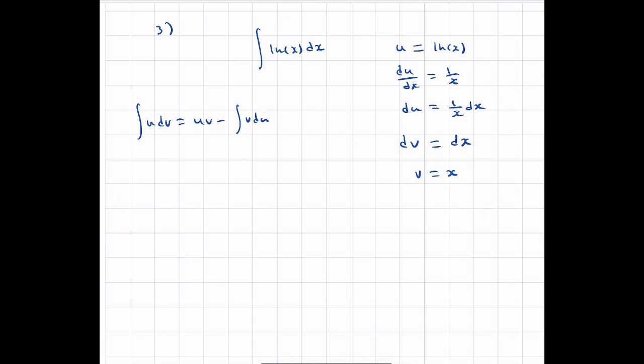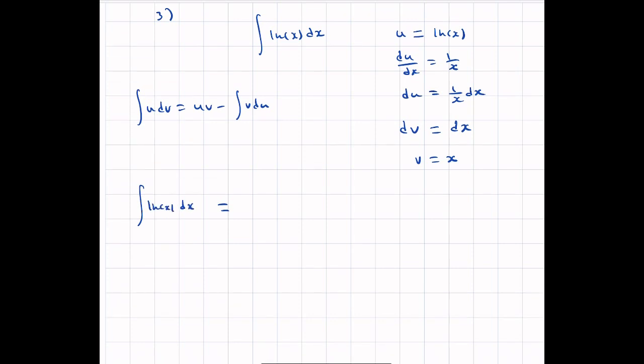So I can substitute these into the formula. I get integral of ln of x dx is equal to u, which is ln of x, times v, which is x, minus integral of v, which is x, times du, which is 1 over x dx.